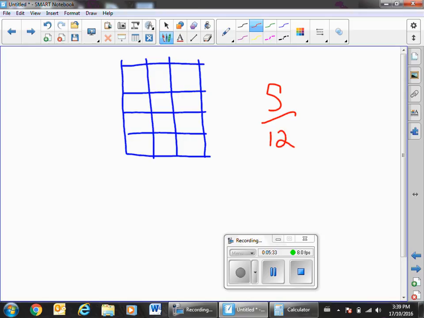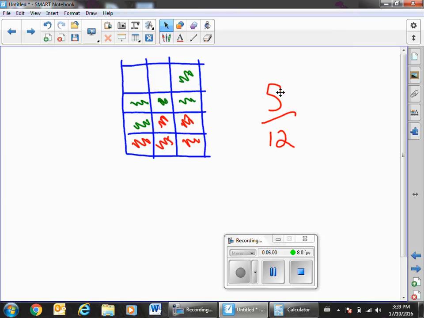Imagine a rectangular pizza divided into 12 equal shares. Each person would get 5 shares. If person 1 got 1, 2, 3, 4, 5, and person 2 got 1, 2, 3, 4, 5, it's easy to see that 10/12 of that pizza has been shared.